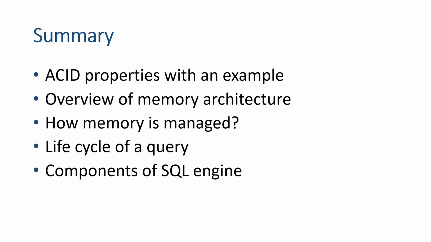We have gone deep into the major components, how the plan cache and the buffer pool get managed inside SQL Server. And we have seen the life cycle of a query for the read as well as the write transaction, what happens behind the scenes at each component inside the relational engine as well as the storage engine. And we have seen all the different types of components we have in both the relational engine and the storage engine.